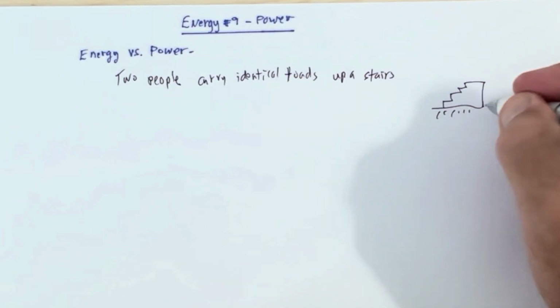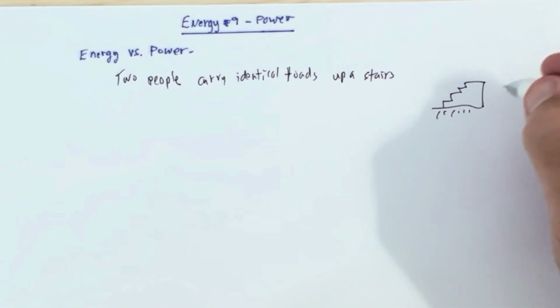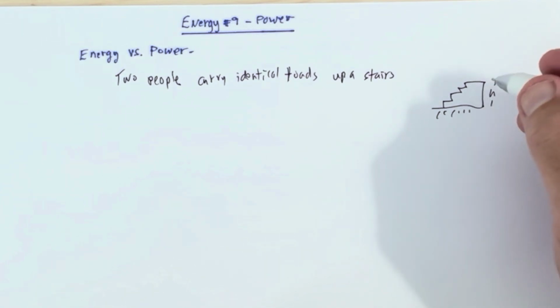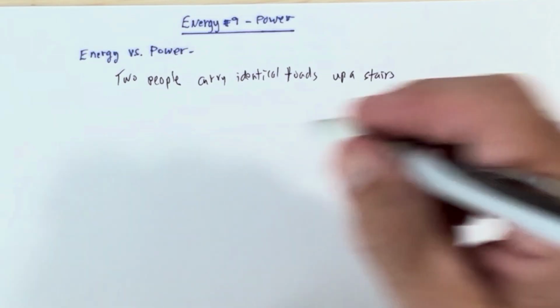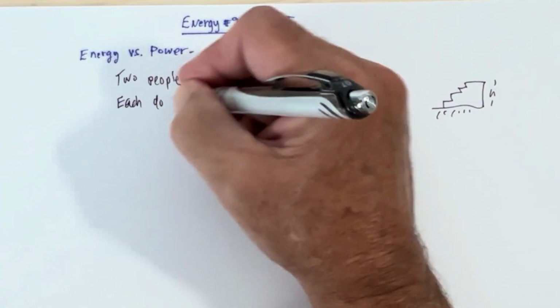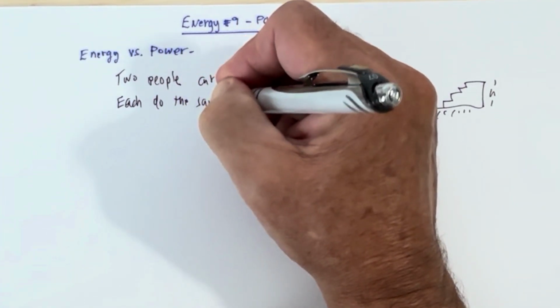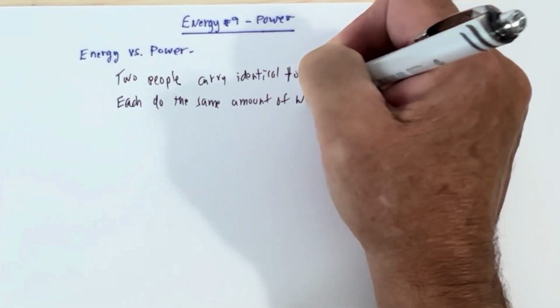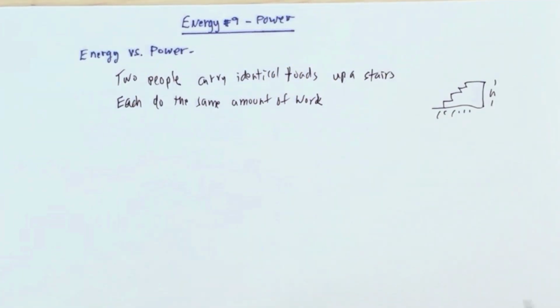Whatever that load might be, maybe a pile of books or a pile of rocks, it's going to be raised a height H. And we know from previous work that that increases the potential energy of the person and the books or whatever their load is. So each of the 2 people does the same amount of work, just increasing the potential energy of the books.